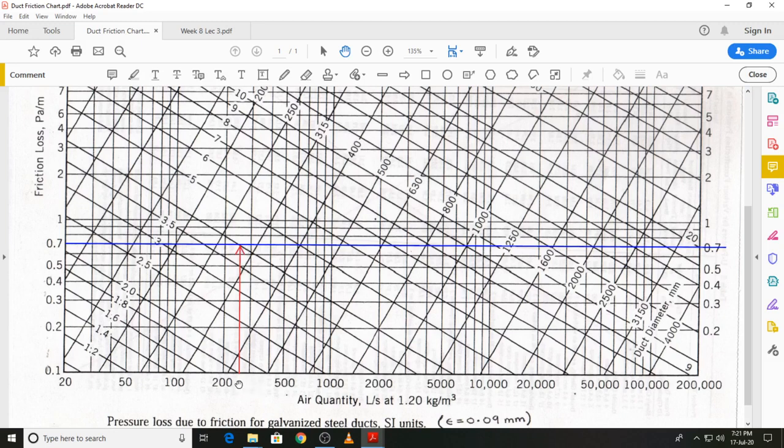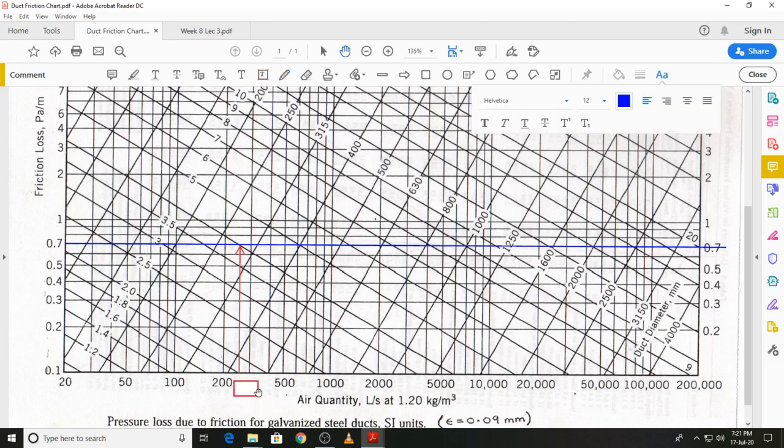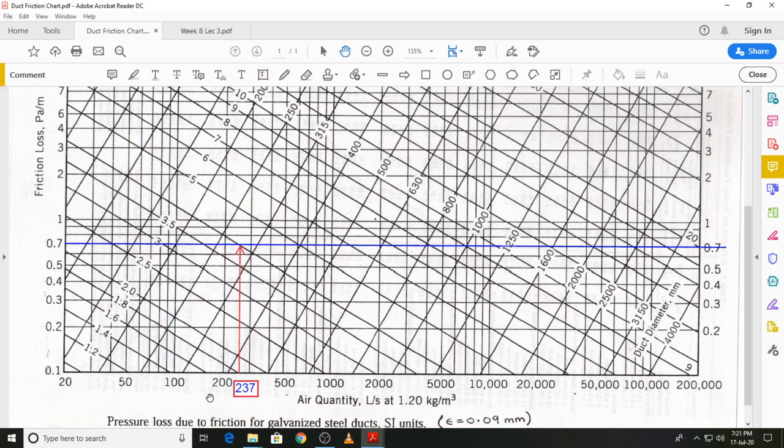So this was a volume flow rate of 237 liters per second over here. And the next value is 166. And we again have to come back to the same value of 0.7 pascals per meter.